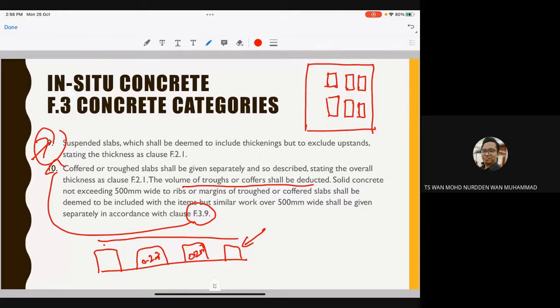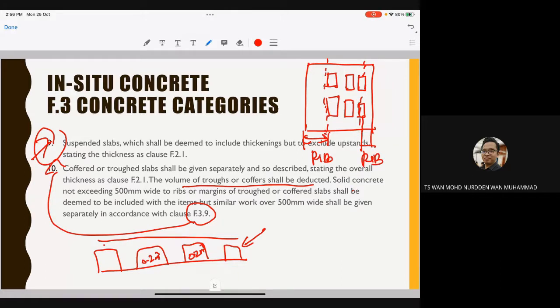Apa maksud rib tu? Rib tu kawasan dekat tepi-tepi ni. Sebelum kita masuk pada coffer ni, dia akan ada what kind of kita panggil sebagai rib, jarak ni. Rib.